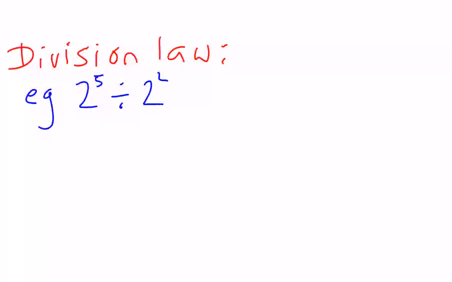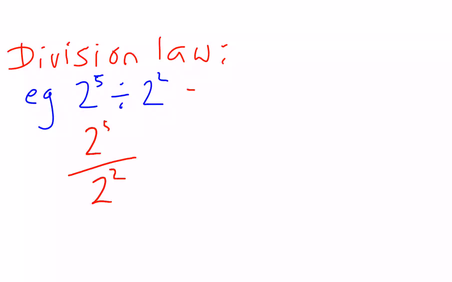The division law. Again, it's a good idea to look at an example. And the easiest way to deal with divisions is to write them as a fraction. So this is 2 to the power of 5 over 2 squared.